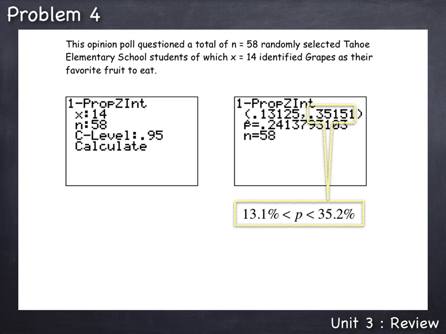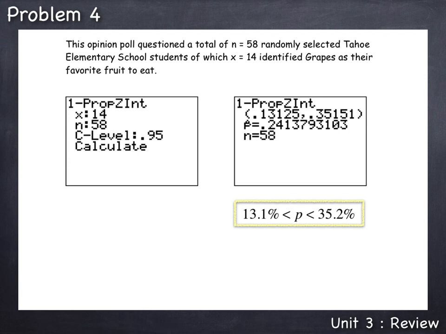And if we round off carrying that one extra decimal, we'd write the upper limit as 35.1, and the next decimal is a 5, which is 5 or more, so we'd round that 1 up to a 2. So the upper end of the estimate is 35.2%. So symbolically, our answer is 13.1% less than P less than 35.2%.